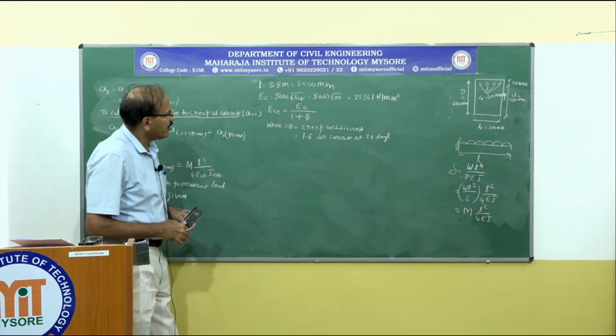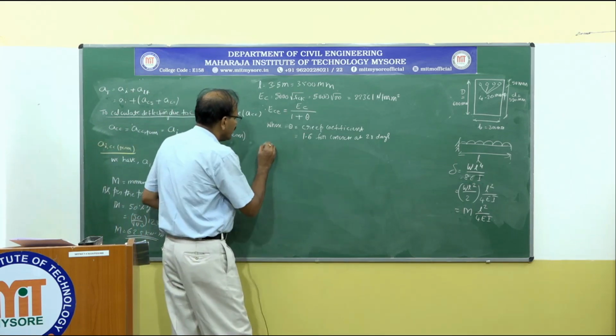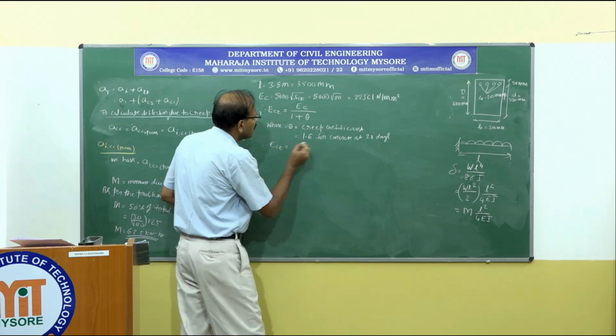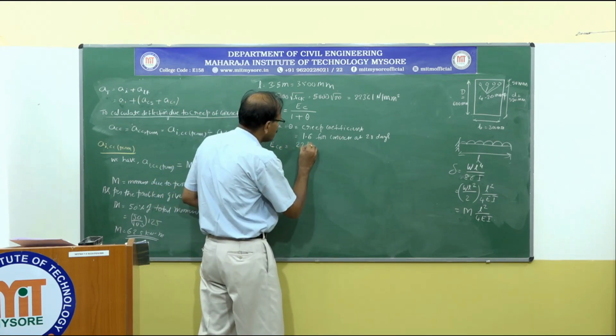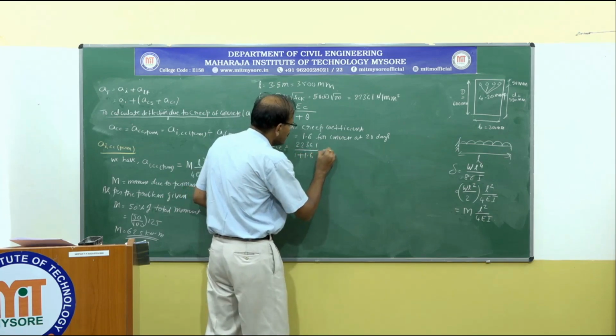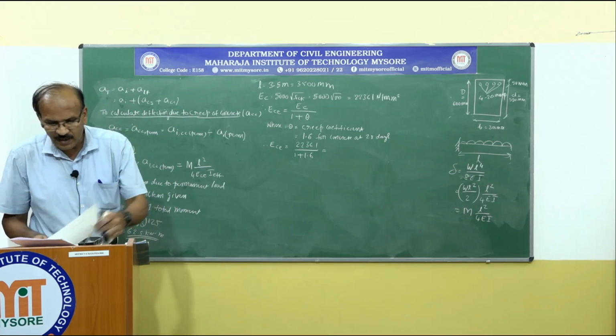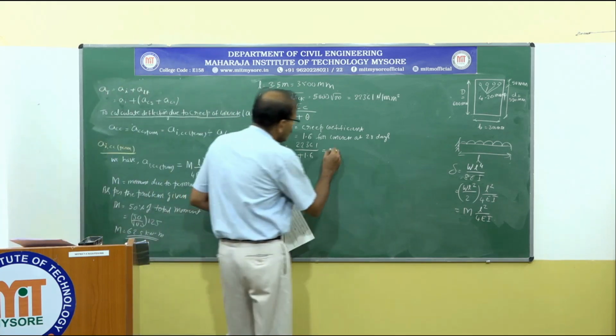Okay. Now I am going to substitute this value here. Therefore, ECE equal to 22,361 divided by 1 plus 1.6, that is equal to 8,600 Newton per millimeter square.